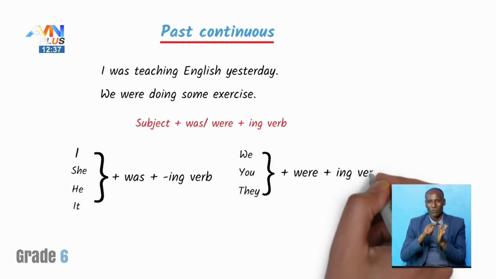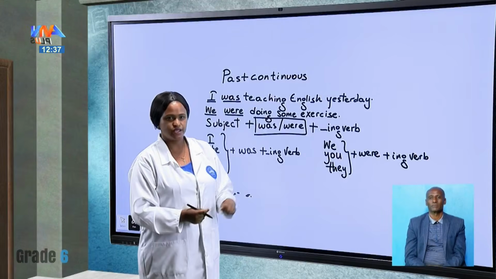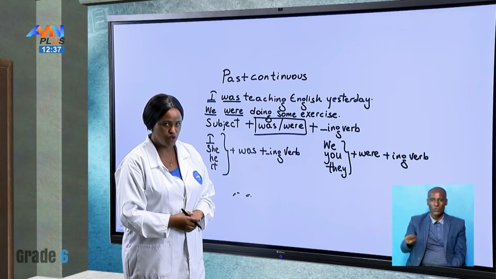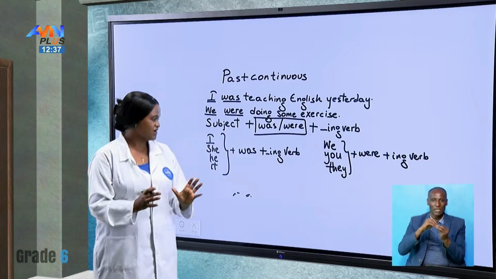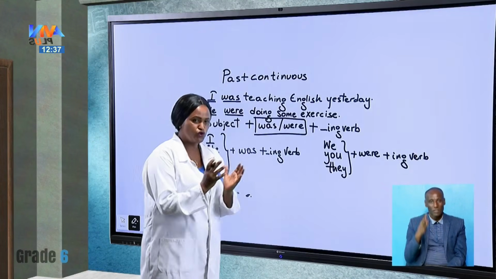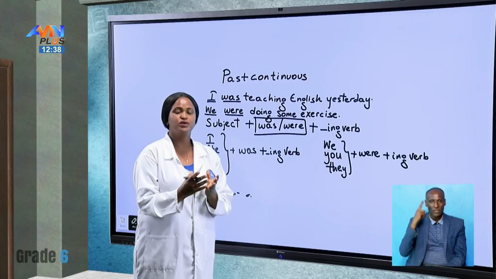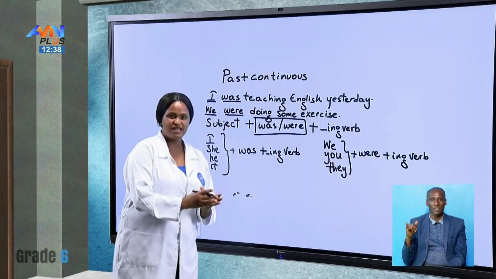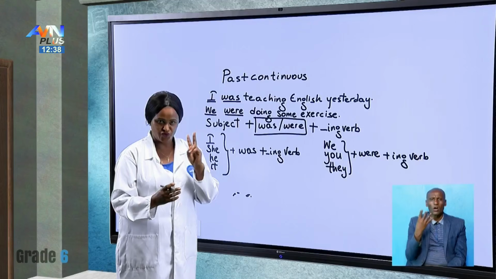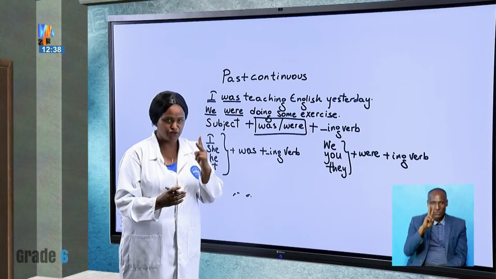Okay? You see this? Yes. We, you, they, plus were. Or, just like what we have seen here on the first one, if you are using a compound or a plural noun, like for example, if you say Senait and Ayantu, how many subjects do we have now? 2, right? Senait 1, Ayantu 2.